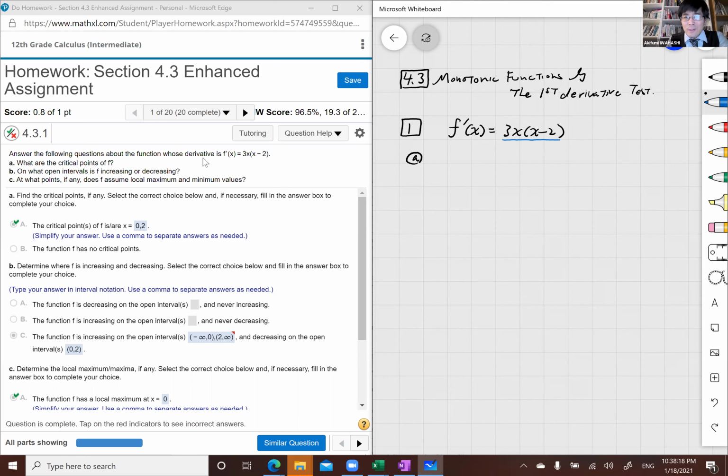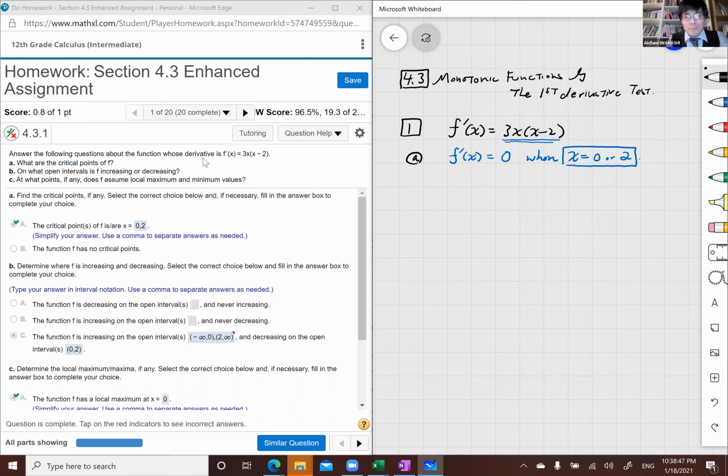So we just need to find for which value of x the derivative becomes 0. Since this one is in factored form, it's easy to find that x must be 0 or x is equal to 2. Okay, so the critical points are x equals 0 and x equals 2.